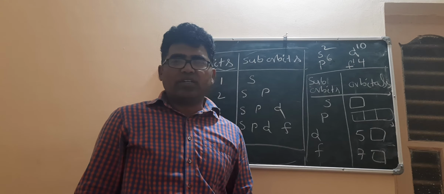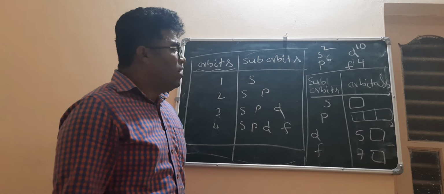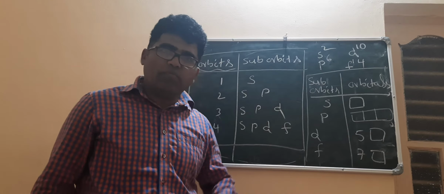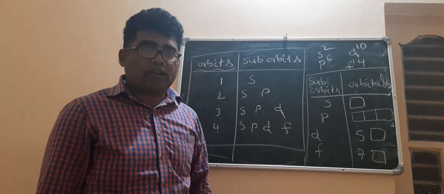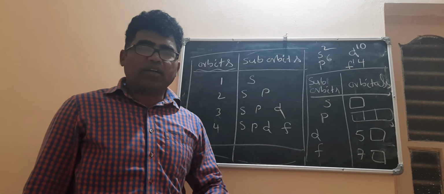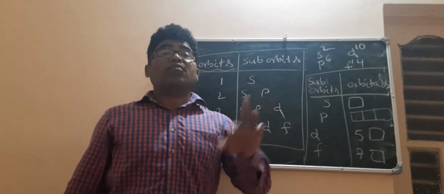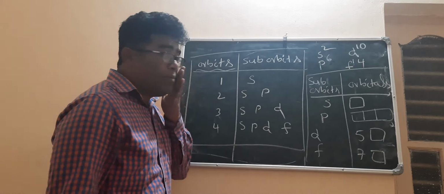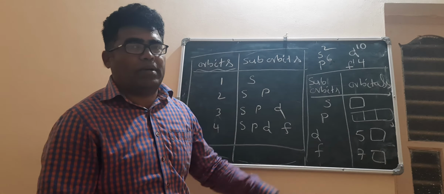I am asking a question; try to answer it immediately. How many electrons are there in a p orbital? Immediately you may think 6. No, that's wrong. How many electrons are present in a p orbital? 2 electrons. In a d orbital? 2 electrons. In an f orbital? 2 electrons. I am asking about the p orbital, not the p suborbit.